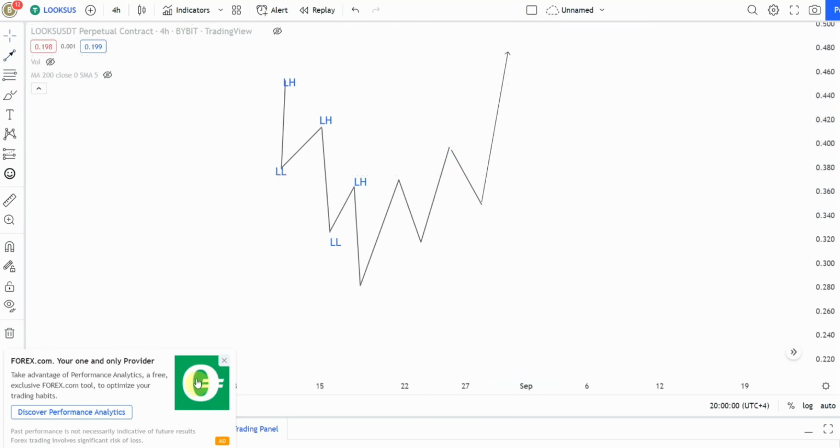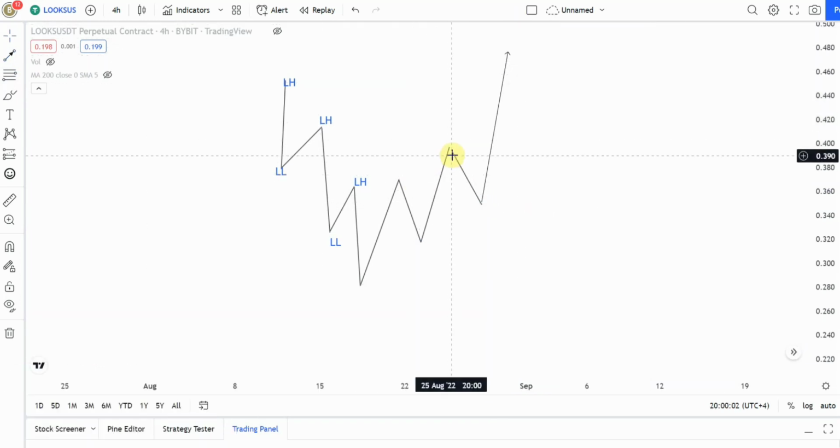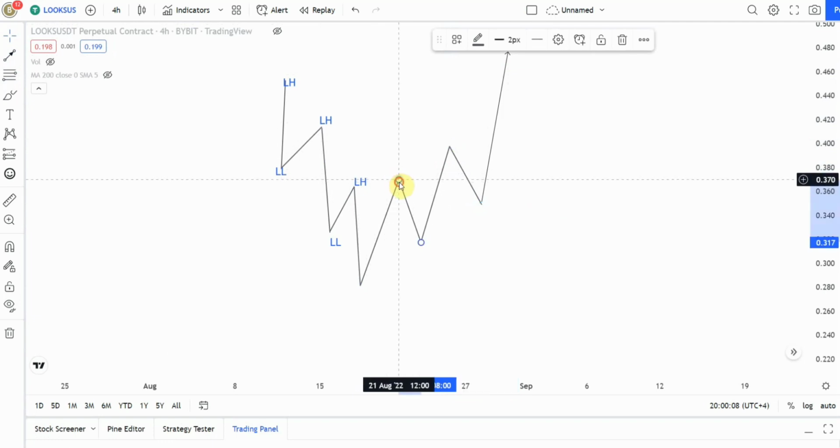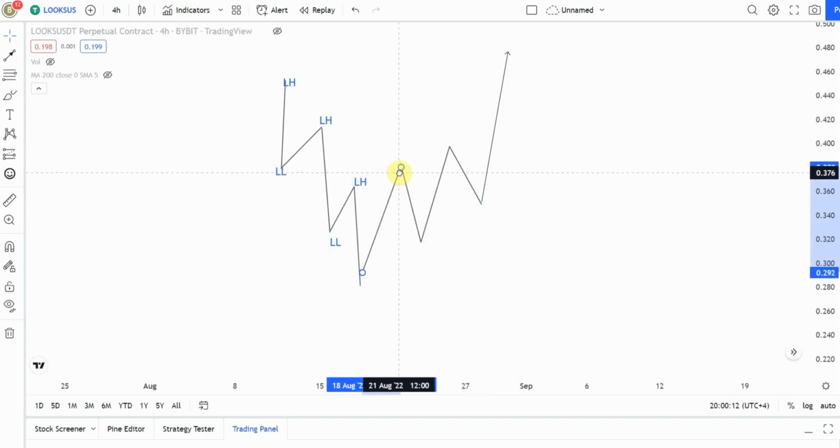Now if the market started showing this, we can call this area a CHoCH, which is change of structure.